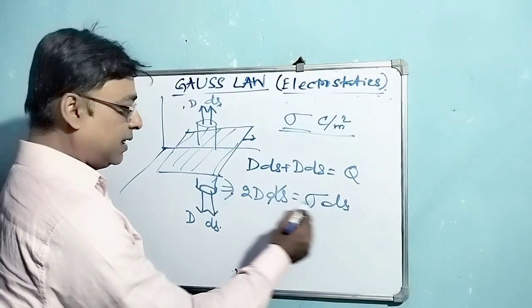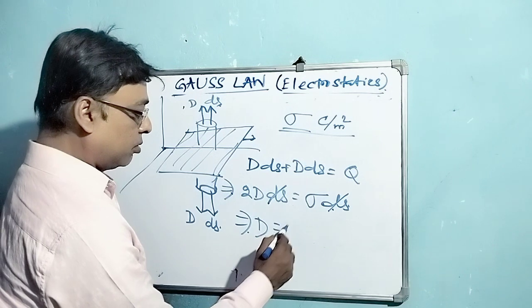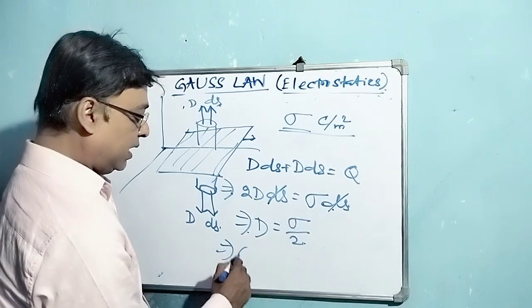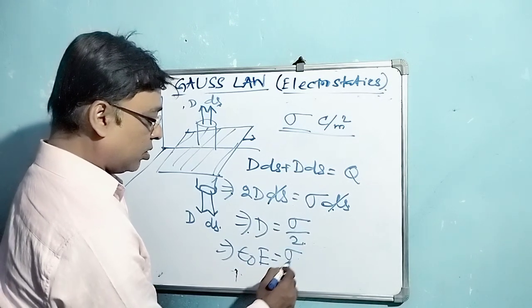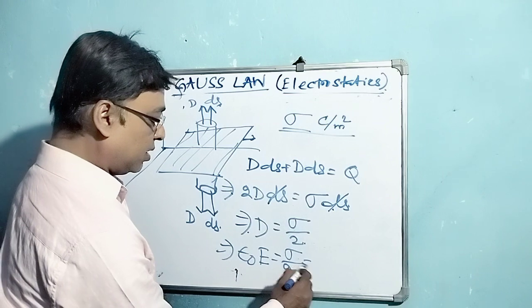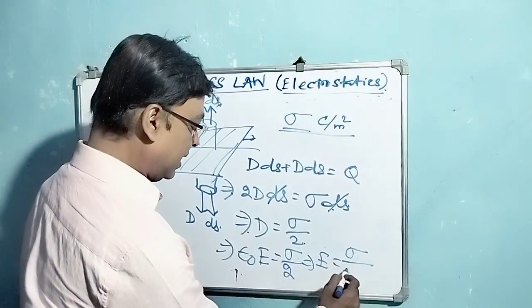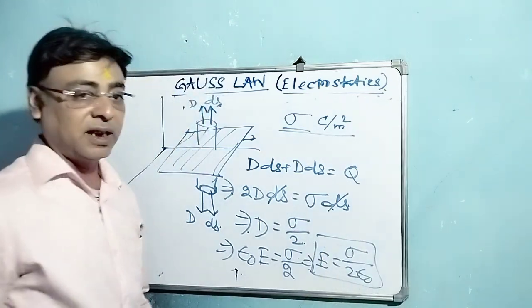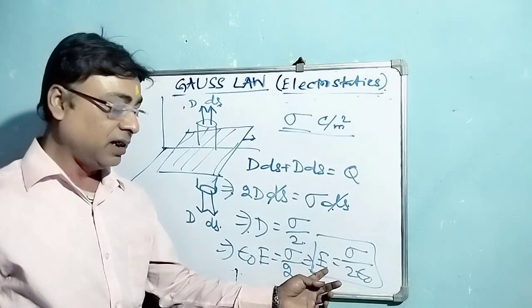Now cancelling dS on both sides, we can write that D is equal to sigma by 2. As we know that D is equal to epsilon 0 into electric field intensity, so this is equal to sigma by 2. This implies that the electric field intensity is equal to sigma by 2 epsilon 0. So we have seen that for an infinitely charged sheet, the electric field intensity is independent of the dimensions.